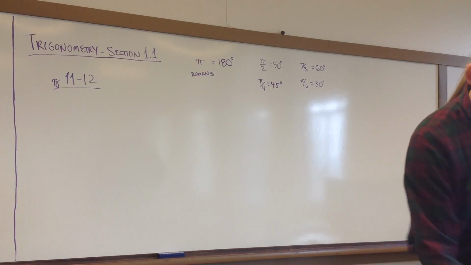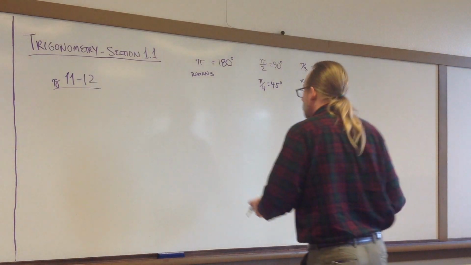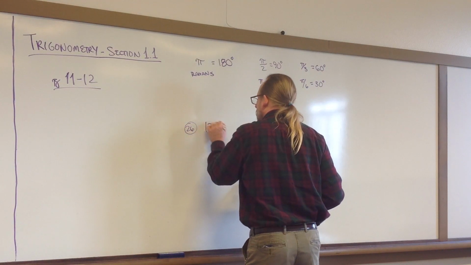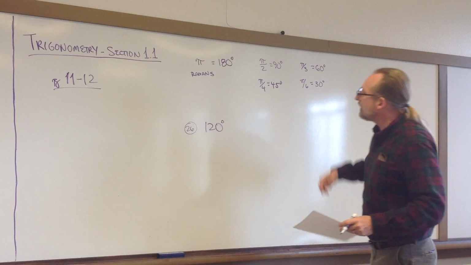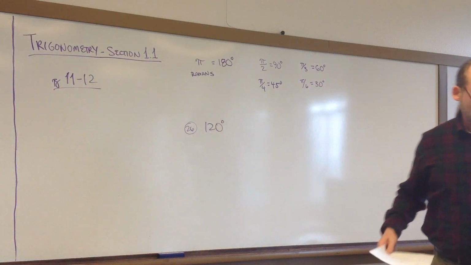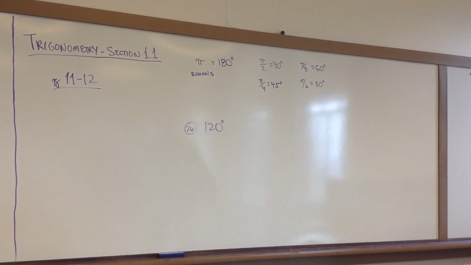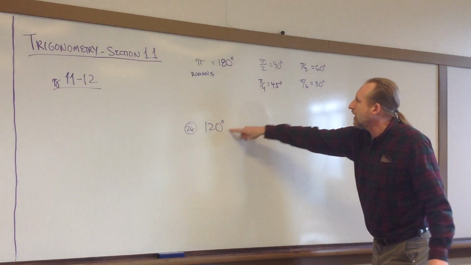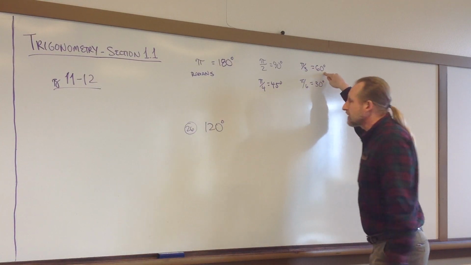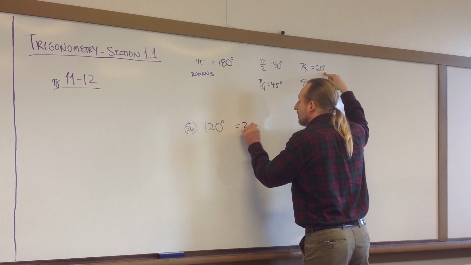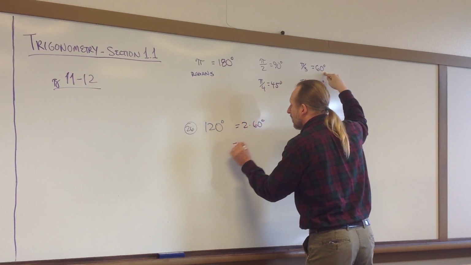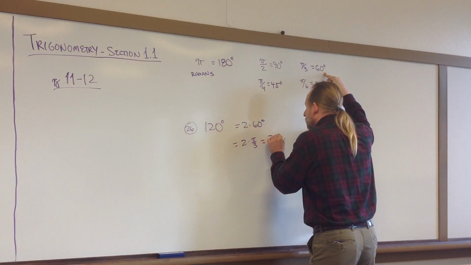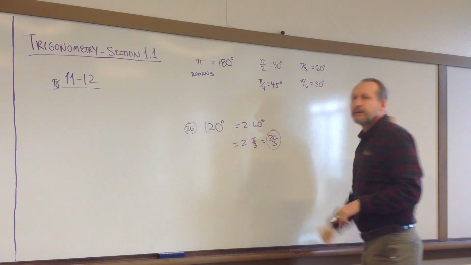Problem 26, we want to convert 120 degrees into radians. So I'll think about doing this in two different ways. One way is to notice that 120 is 2 times 60. Therefore, that's 2 times pi over 3, or 2 pi over 3.